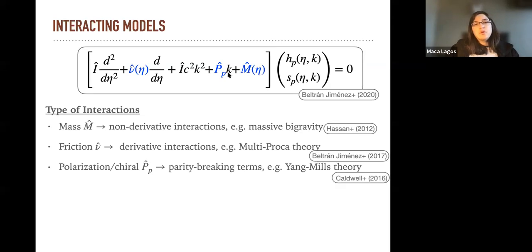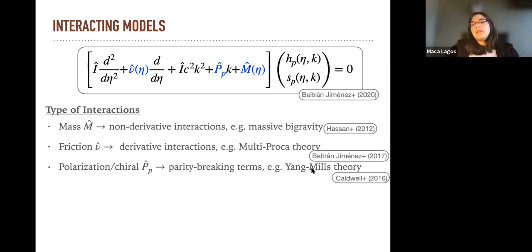And finally, we also allow for another kind of interaction that is proportional to first spatial derivatives, which we call the polarization or chiral interaction. It comes when you have theories that break the parity symmetry of your system, meaning that left and right polarizations will not propagate in the same way. So the 2 degrees of freedom in GR, the polarizations, will have to be studied separately with their own equations of motion.